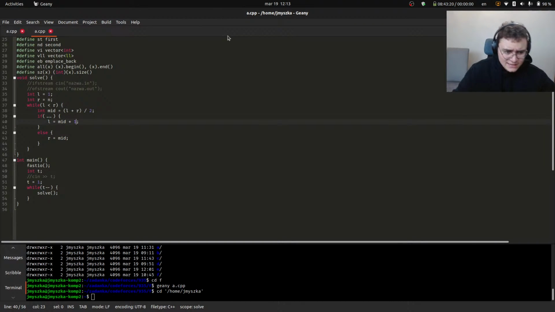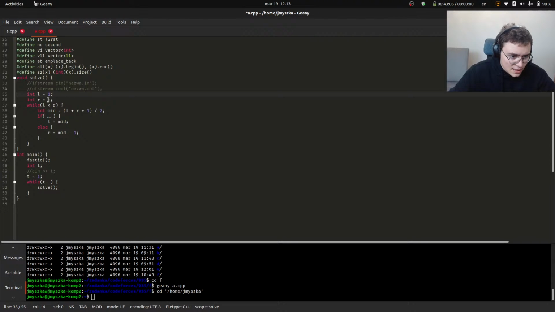But the other case is when the condition is true, then it's also true for all the smaller numbers. But if it's not true, then for all the bigger numbers it's also not true. Then you also need to add +1 here. So those are two possible binary searches. If you use 0, it will be the same. You just need to do it like this.